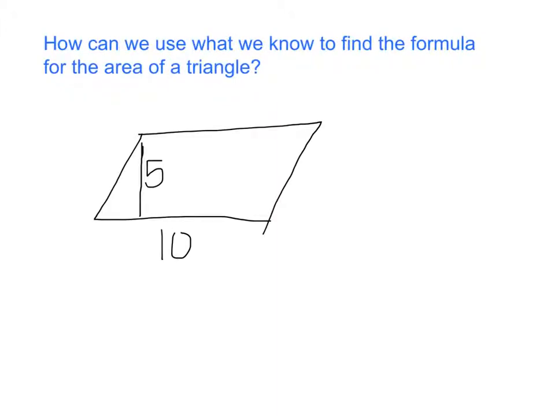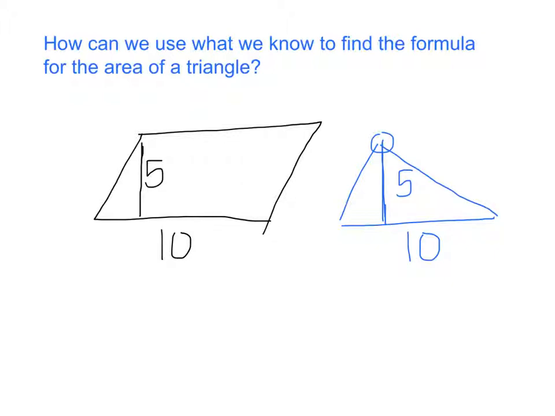Okay, so here we have a parallelogram, and the base is 10, and the height is 5. We also have a triangle right next to it. This triangle's base is 10, and the height from the vertex perpendicular down to the base is 5. Help me please find the area of the parallelogram first.